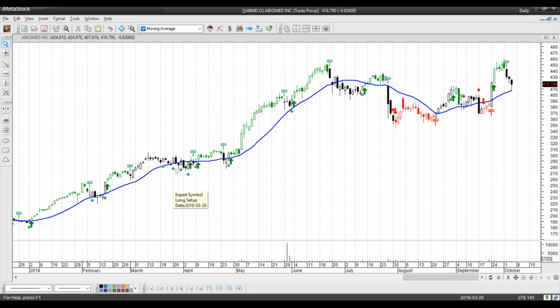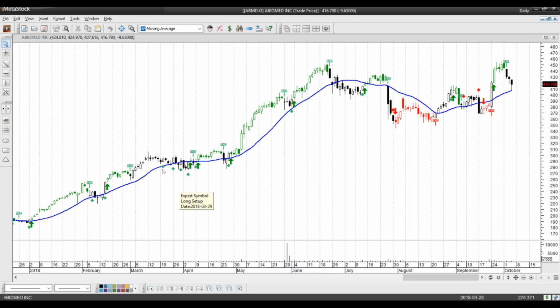Not all of them turn into actual triggers. So sometimes you'll see these diamonds that are not followed up by anything else, which means for whatever reason it did not meet all the conditions and it did not trigger.